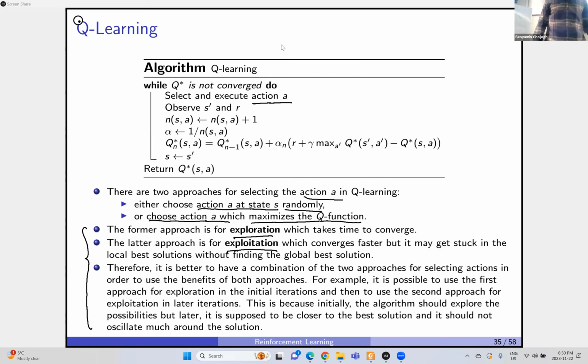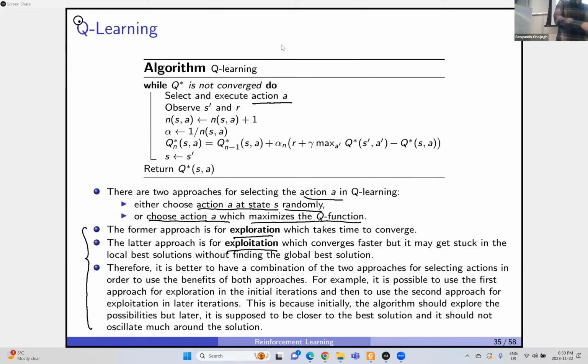What do I mean? Because Q(S, A) is changing, right? Maybe for a specific state S, Q(S, A1) is better. In the next iteration, Q(S, A2) gets better, because Q(S, A) is changing. So the best action maximizes the Q function in this iteration.